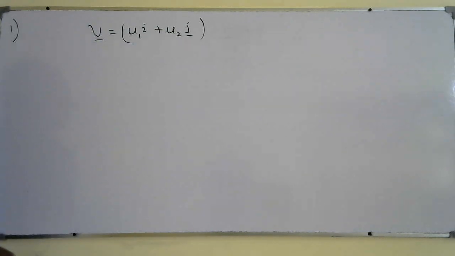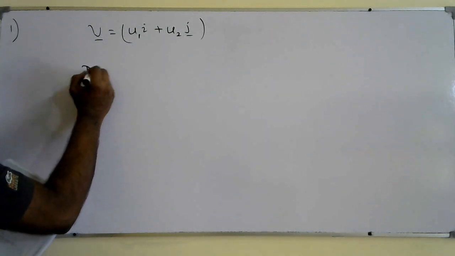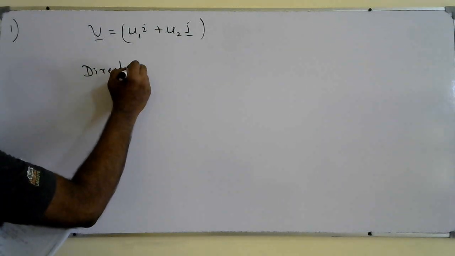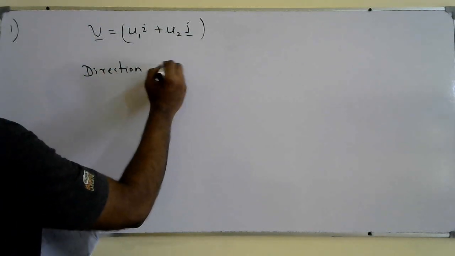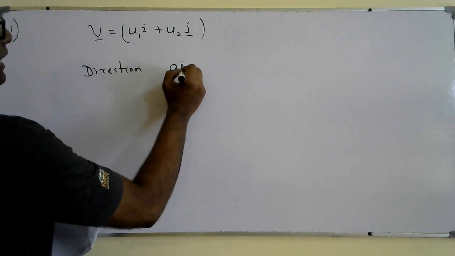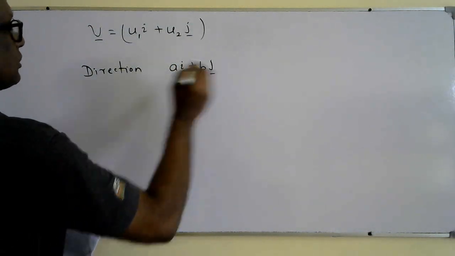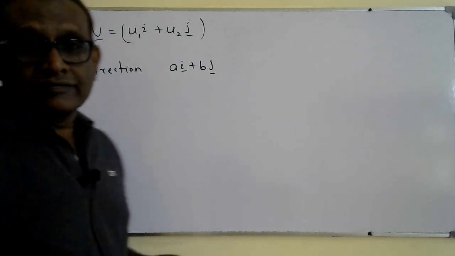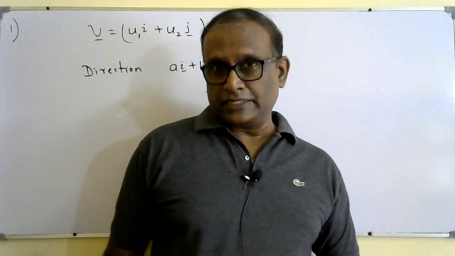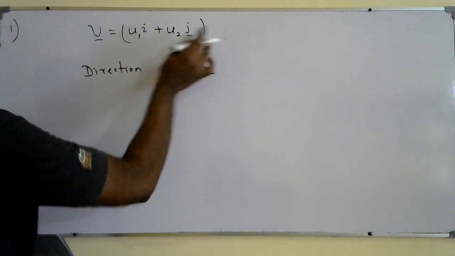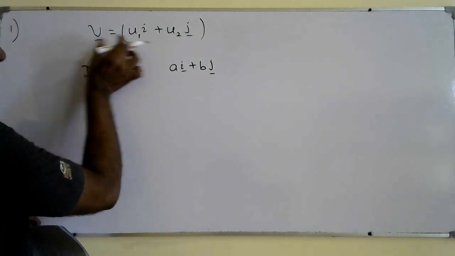Now the directional vector is given, for example as ai plus bj, the direction of the velocity vector. From the velocity vector we can find the magnitude of the velocity, that is the speed also.